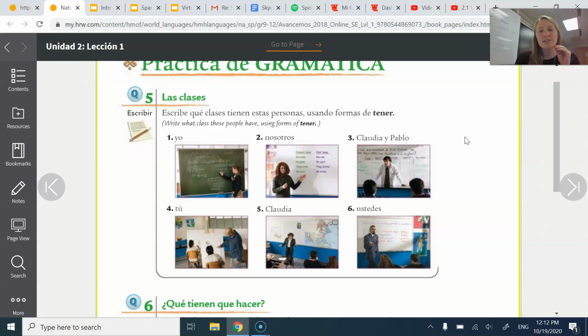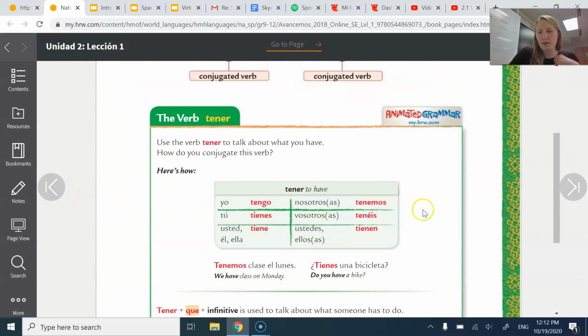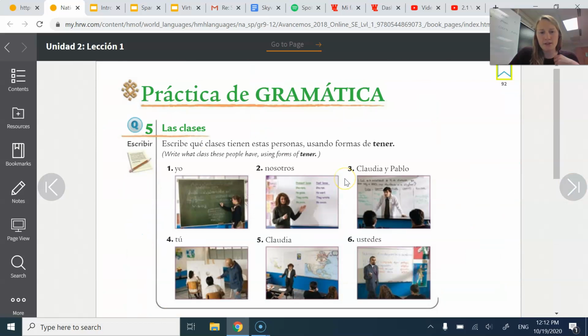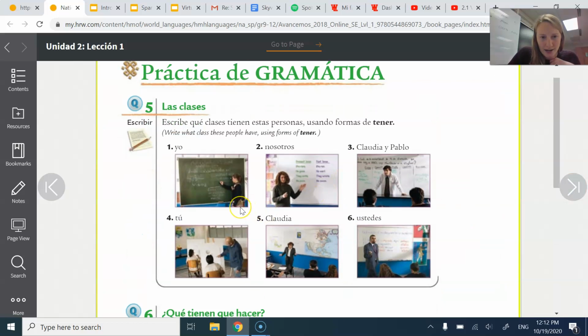So yo tengo, going back to our chart. Find the yo tengo. Okay, awesome, I have. So yo tengo la clase de, looks to me to be matemáticas. Let's say yo tengo la clase de matemáticas. Go ahead, pause the video, do 2 through 6, and then come back and I'll discuss it with you.